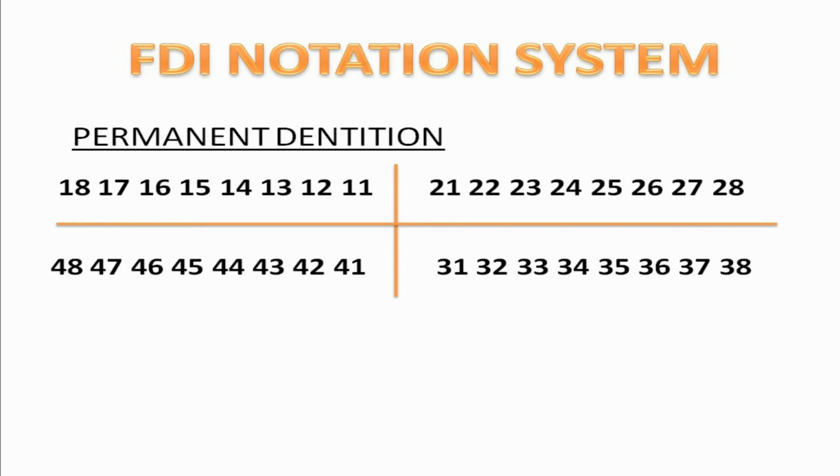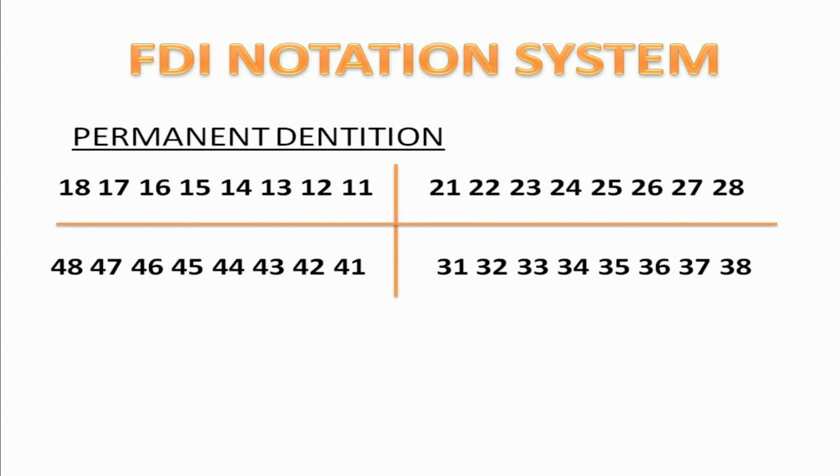For permanent dentition, they have given notations like this. It is also known as the two-digit system. Here, the first digit is for the quadrant, and the second digit is for the tooth number.